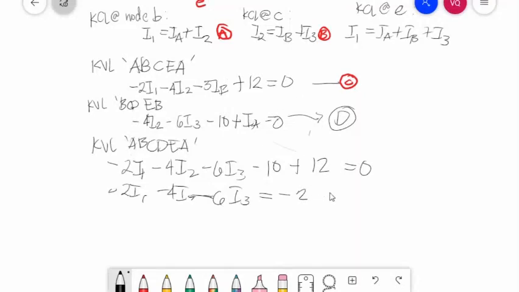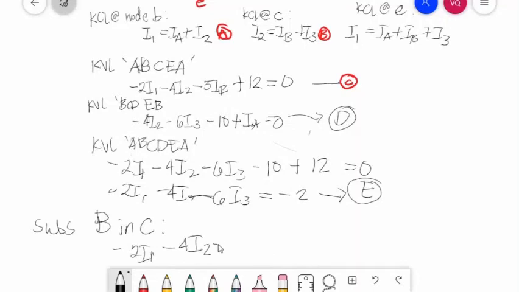This is equation E. So I will substitute equation B in equation C. So I will get negative 2I1 minus 4I2 minus 3IB.